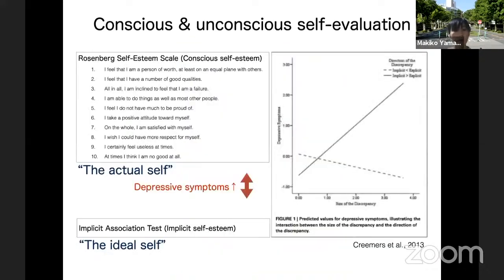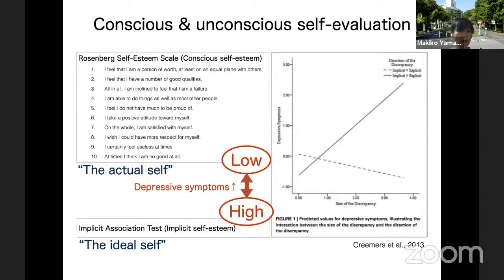In a previous study using a self-esteem questionnaire, the studies have found that conscious self-esteem and implicit self-esteem are dissociated. And if implicit self-esteem is higher than conscious self-esteem, the subject becomes depressive.